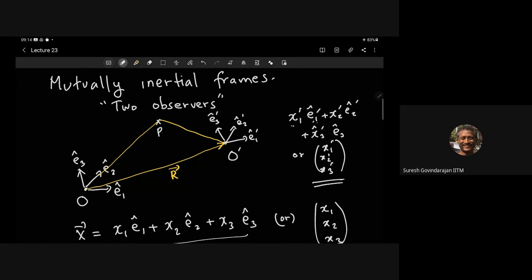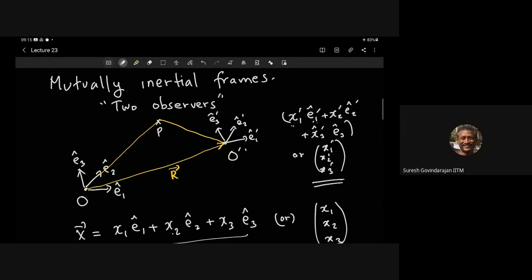So what are the numbers that this observer O will associate with it? x1, x2, x3, by expanding in their own basis. What will O prime do? Expand in their own basis and write this. Correct? Oh yes, sir, I get it, sir.